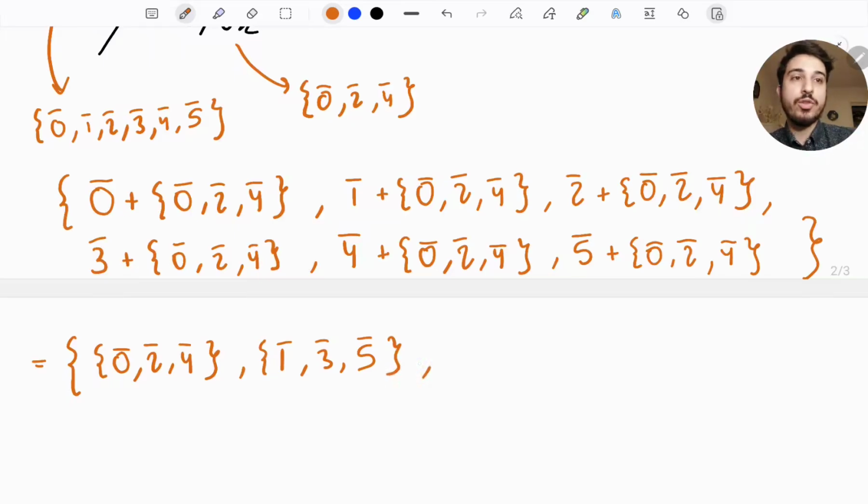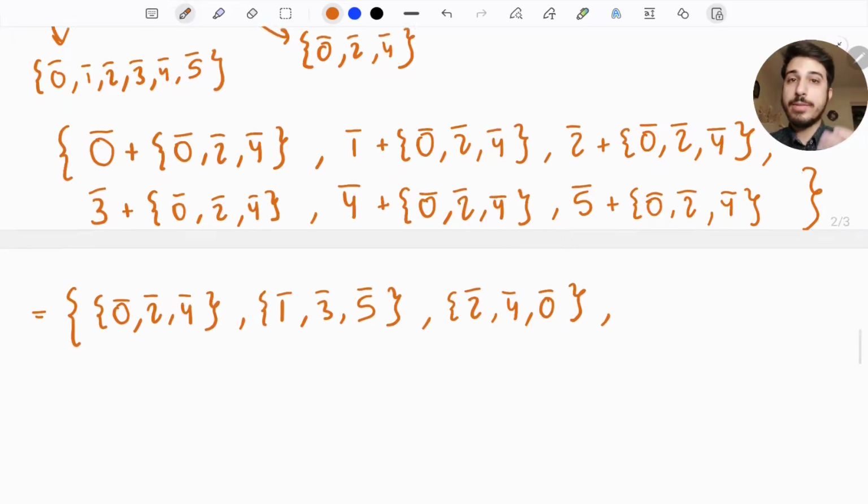Let's see. If we add 2, we get 2, 4, and 6. But remember, we're dealing modulo 6 here. So modulo 6, 6 bar becomes 0 bar. Because when you divide 6 by 6, we get a remainder of 0.